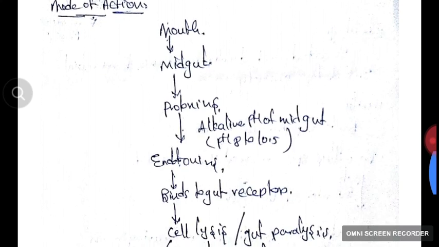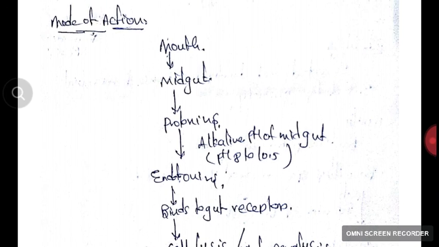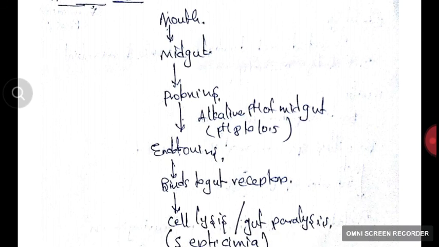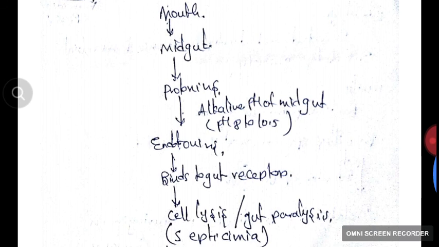Let's see the mode of action. Here I'll make a flow chart for your easy understanding. The Bacillus thuringiensis enters the body of the pest through the mouth. It reaches the midgut and the protoxins are formed. These protoxins are in inactive form due to the alkaline pH of the gut, which is 8 to 10.5.